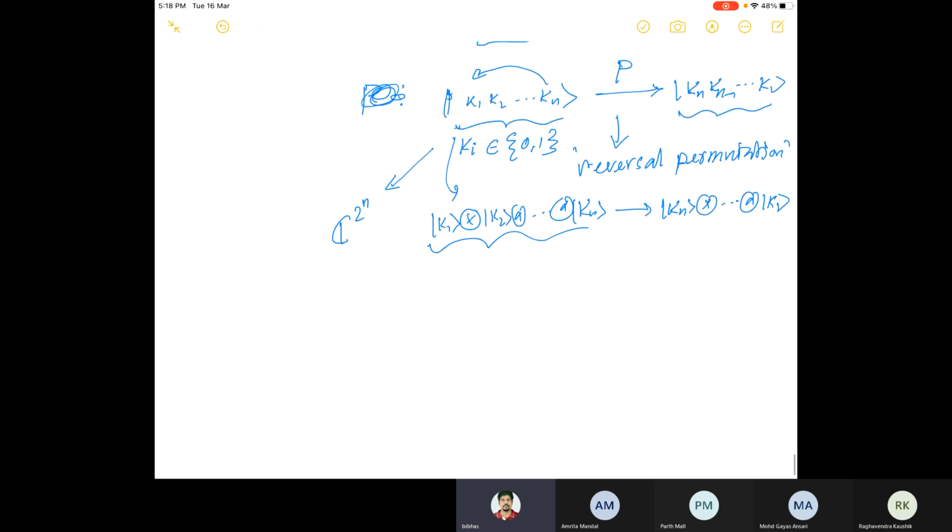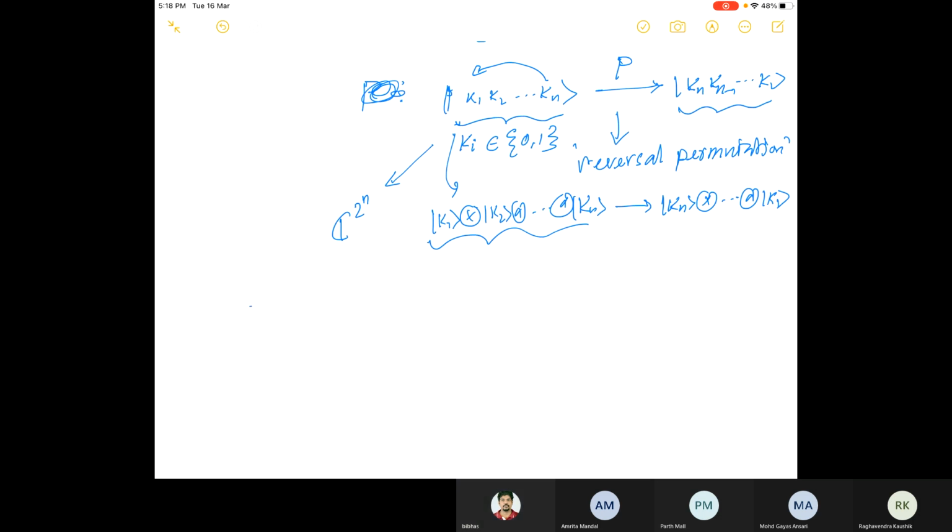So I'm just giving you examples of how this permutation will look. If n equal to 1, then the matrix should be, let me write it as P of 2 to the power 1. Instead of P, if I write 2 to the power n, it helps to understand the size of the order of this matrix.